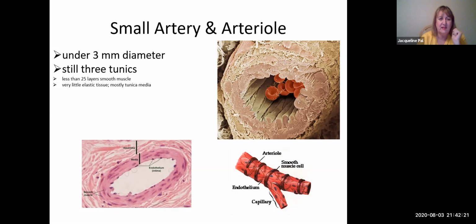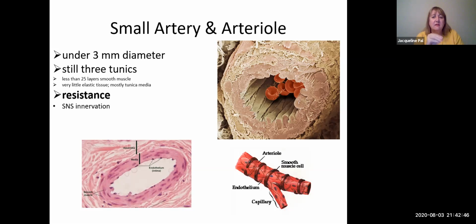You don't see a very clear internal or external elastic lamina. If you did a special stain, you would still see that there are some elastic fibers there. Basically, this is like a tunica media, but these are so tiny by comparison to the other blood vessels. And these blood vessels are important because these are your resistance blood vessels.